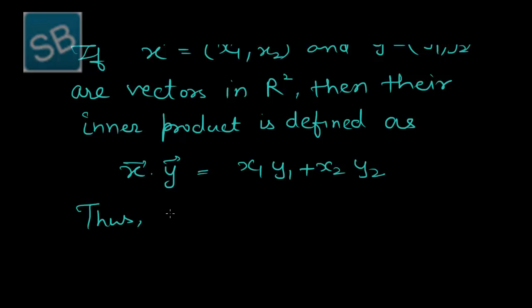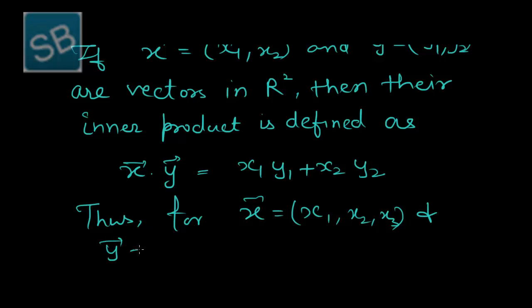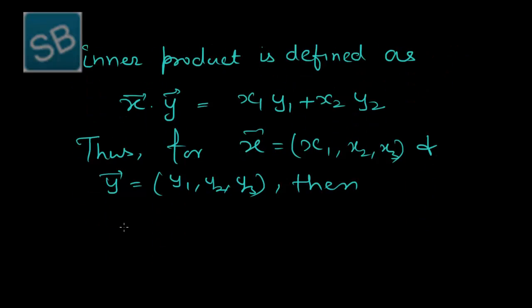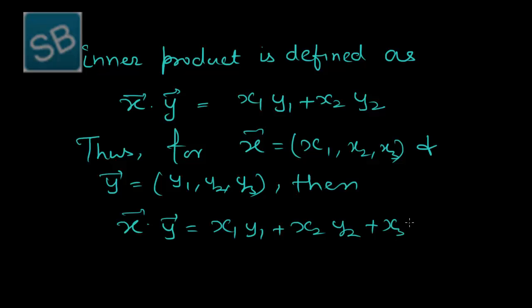Thus, for vector x with coordinates x1, x2, x3 and vector y with components y1, y2, y3, x dot y is x1 y1 plus x2 y2 plus x3 y3.